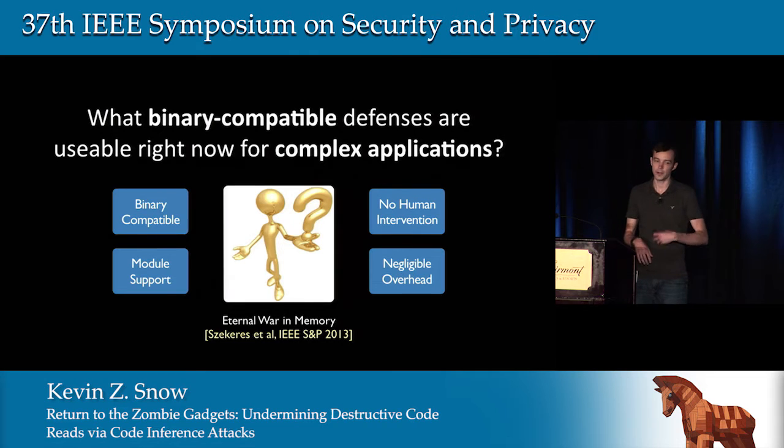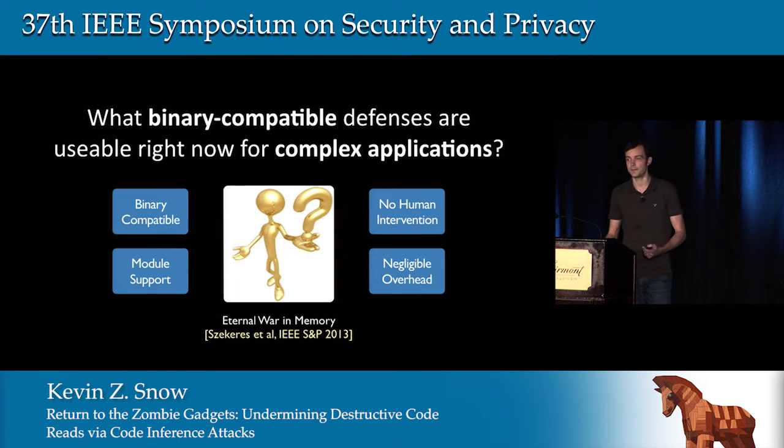Essentially, we wanted to find a mitigation that is binary compatible, so it doesn't require any source code or compiler level instrumentation. It supports modules, so dynamically loaded libraries are supported. It requires no human intervention whatsoever, so it's completely transparent to the user. And to be usable, it really needs to have negligible overhead, around 5% or less of runtime performance overhead.